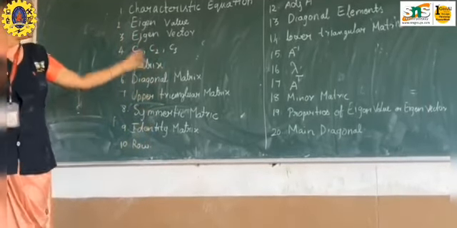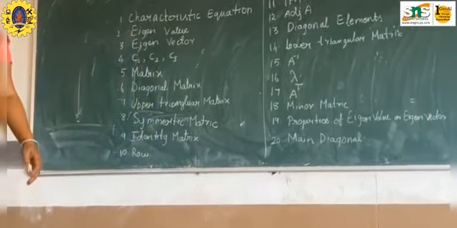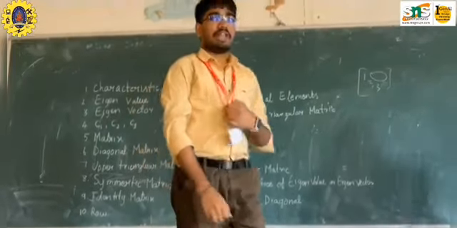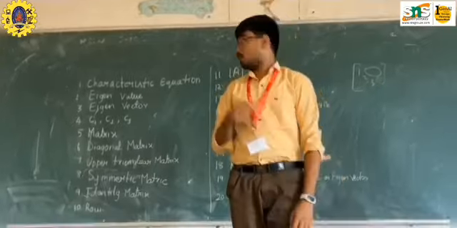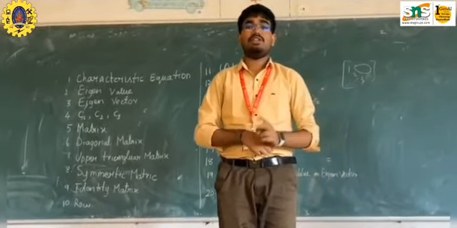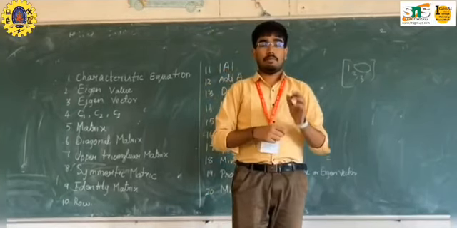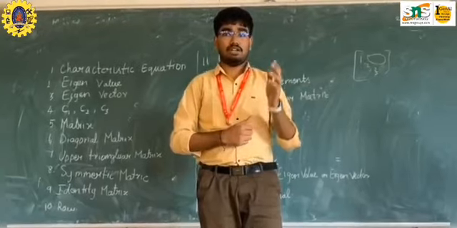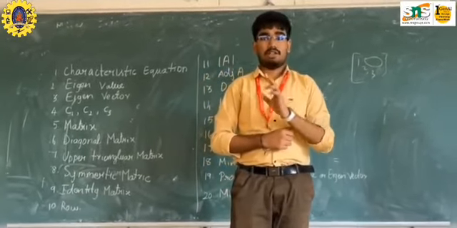Come and say what is characteristic equation. Characteristic equation is obtained by solving the matrix. There is a 2 into 2 matrix and a 3 into 3 matrix. By solving the 2 into 2 matrix, we will get lambda square minus lambda and so on.